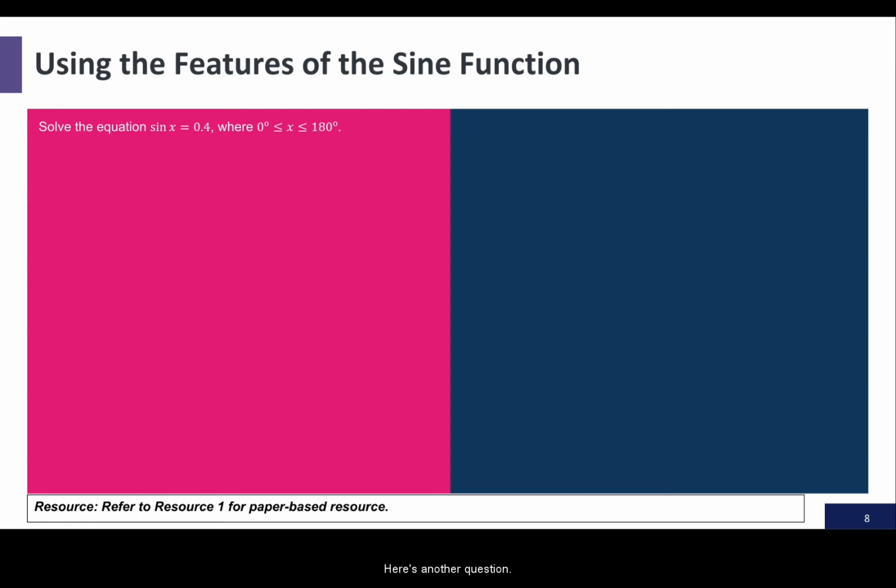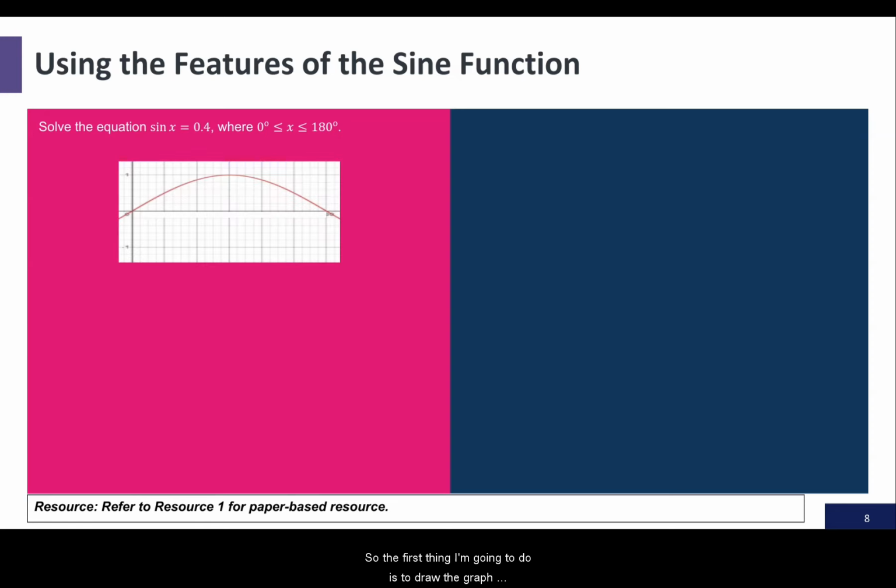Here's another question. This time I'm told that sine x is equal to 0.4, and it's where x is between 0 and 180. So the first thing I'm going to do is to draw the graph between 0 and 180 degrees. So the full curve would have looked something like that. And there's 360.